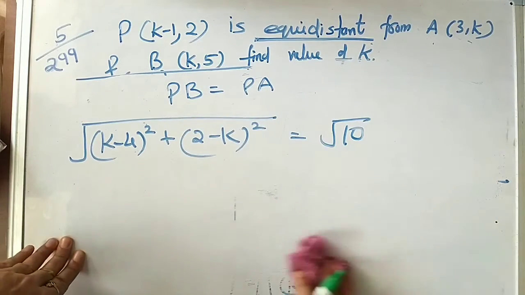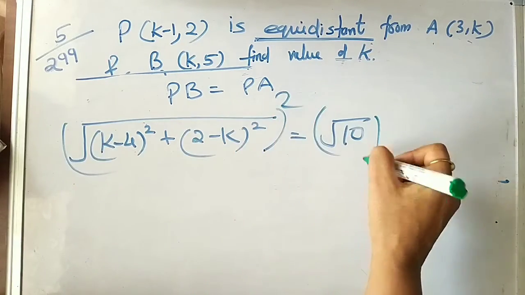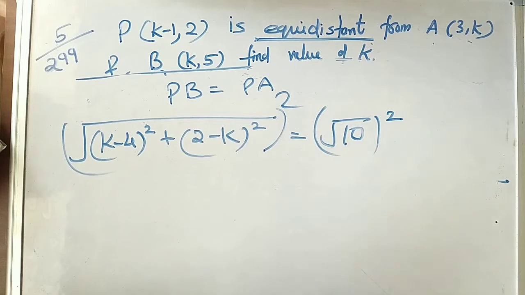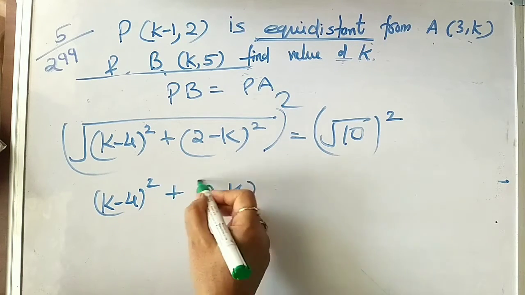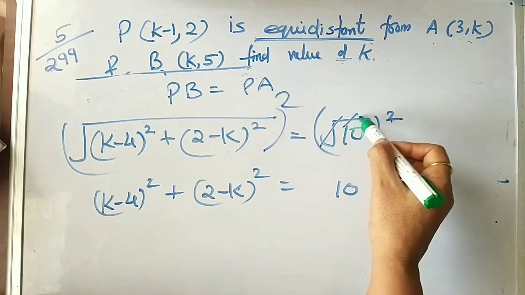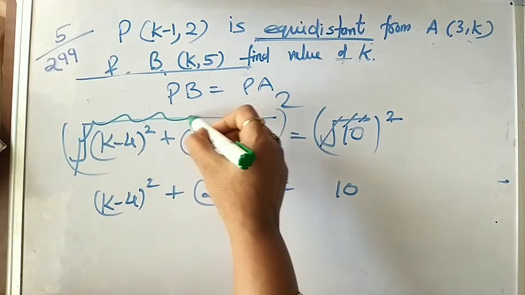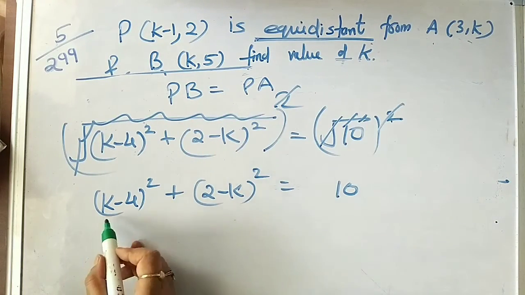That means these two are equal. Can I square both sides in order to get rid of the root? So it will be k minus 4 square plus 2 minus k square is 10. Because in squaring, the root will disappear. Now we have to just simplify.